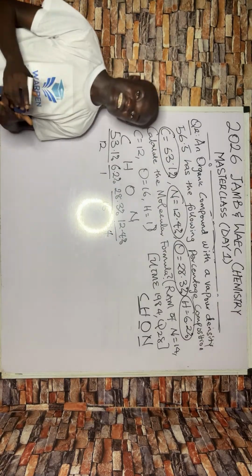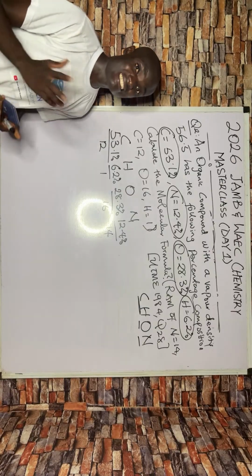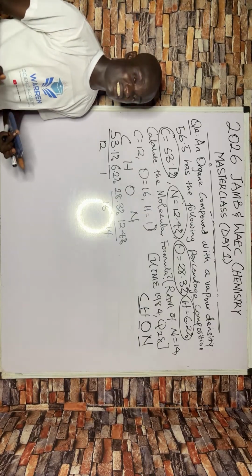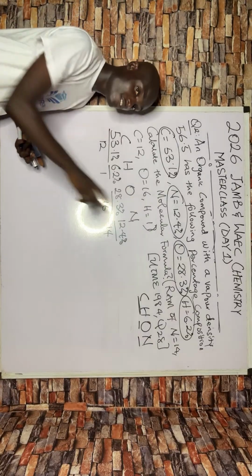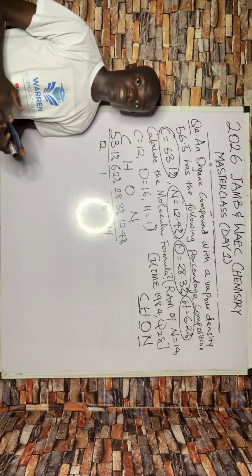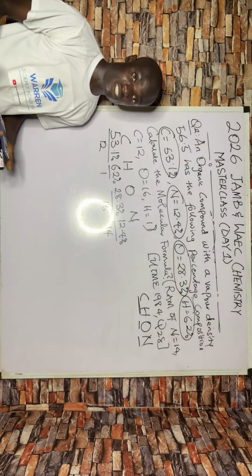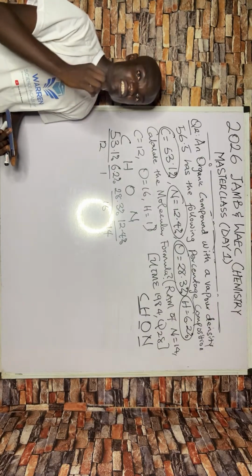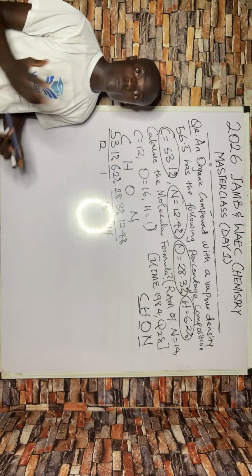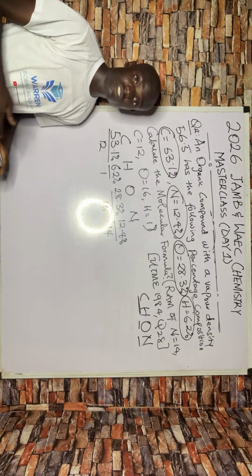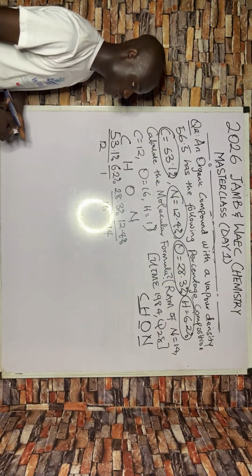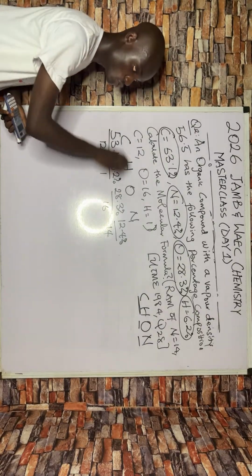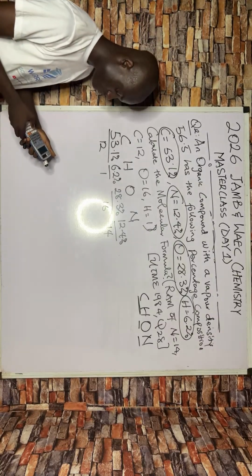For those writing exams like JAMB and some advanced exams, I urge you to take note of the various relative atomic masses, because in some exams you might not be given them. It is very good to know the relative atomic mass of common elements like carbon, hydrogen, oxygen, chlorine, and the likes. So the first step in solving this question is to divide by the relative atomic mass, which we have done here.